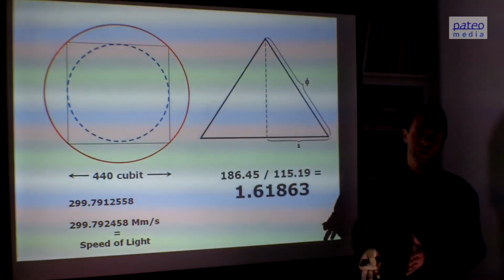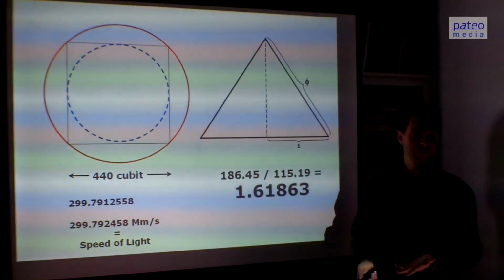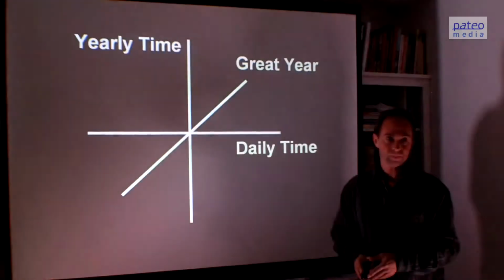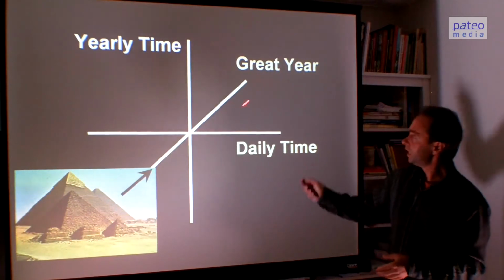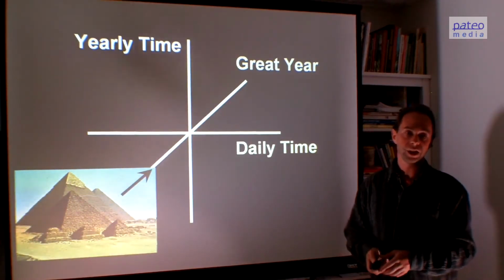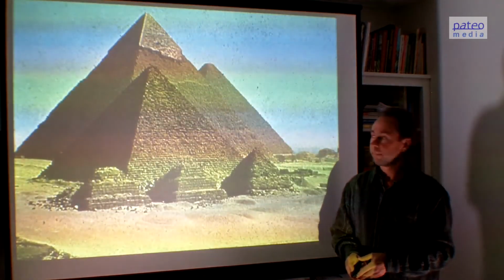So the golden mean is present, the measurements of the Earth are present, the speed of light is present, all present in the measurements of the Great Pyramid. So what the pyramid builders did was show us this great year, and they gave us a lot of clues that they didn't build it by accident. There are a lot of symmetrical relationships inside.